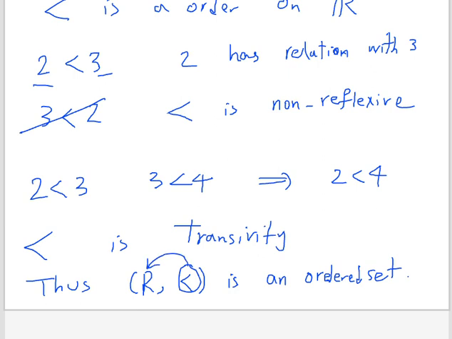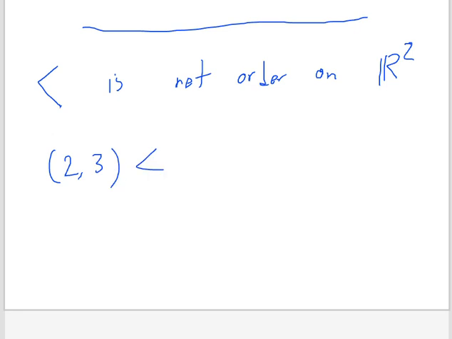We have this is an order on R, but I can say that this is not an order on R2. I cannot say (2,3) is less than, for example, (3,4). What does this mean?